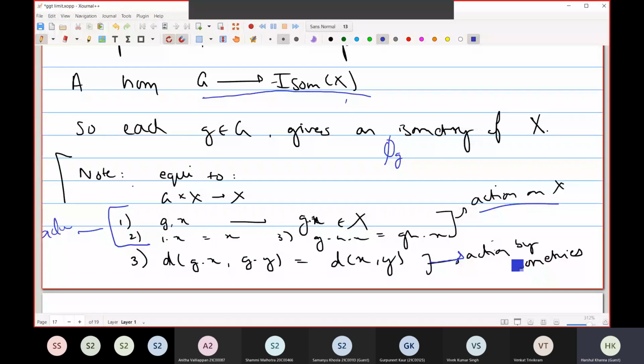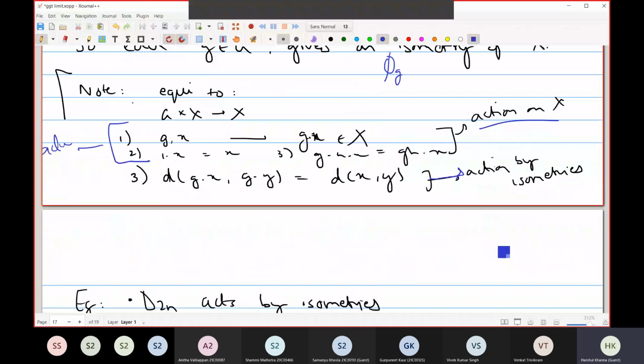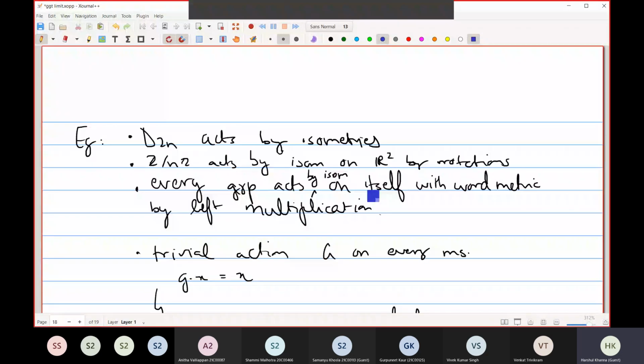For example, D_2n acts by isometries on an n-gon in the plane. Now, in the plane means that you are giving distance between every point. Previously, we did not explicitly mention this, but we kind of assumed it. So now this is your xy plane.